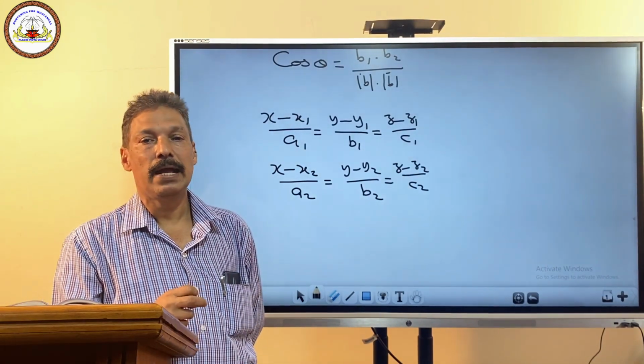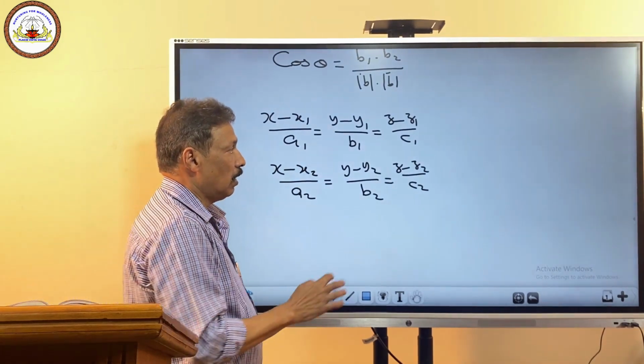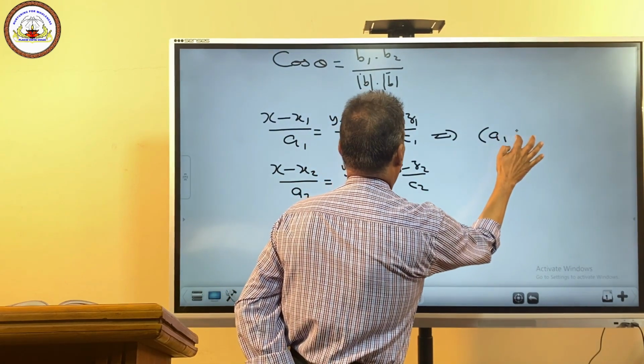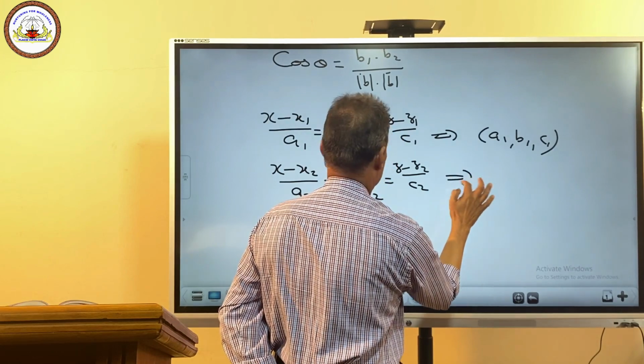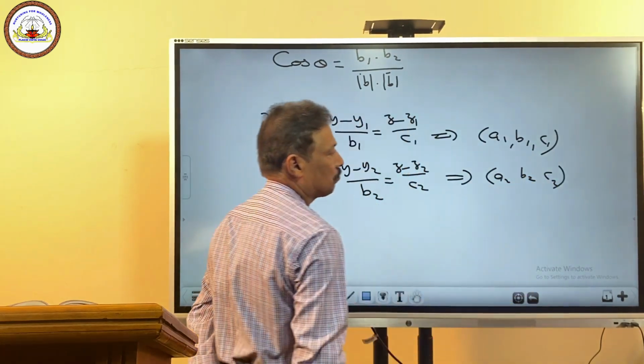Sometimes we have to find the angle between them. First of all, we consider the directional ratios of the first line, a1, b1, c1, and of the second line, a2, b2, c2.